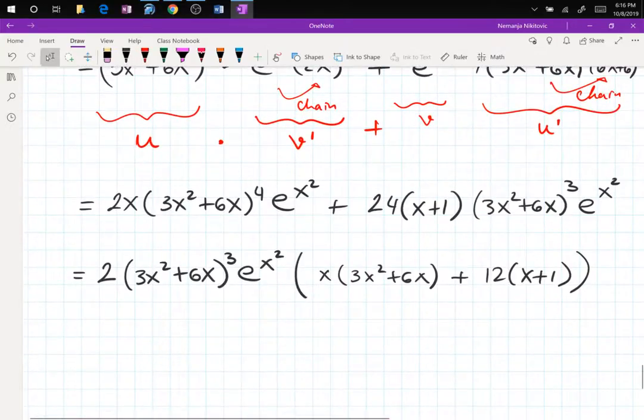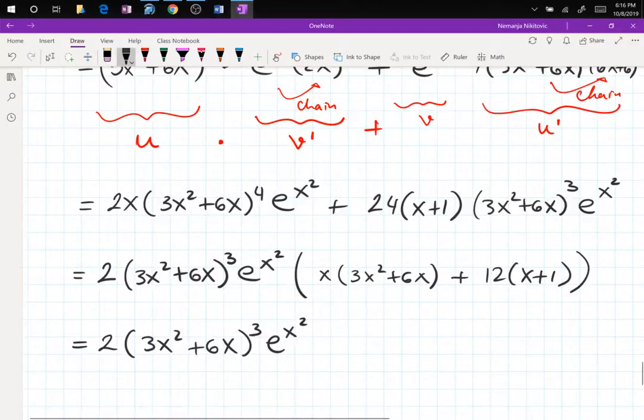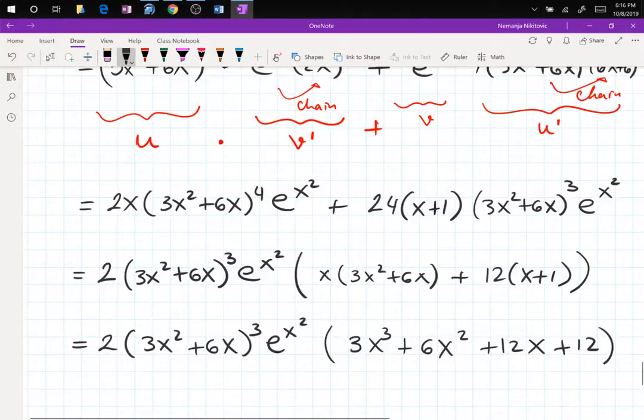And now simplify the parenthesis. So we have 2 times (3x squared plus 6x) cubed e to the x squared. And now we have 3x cubed plus 6x squared plus 12x plus 12.